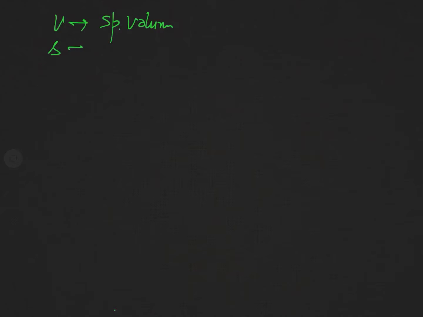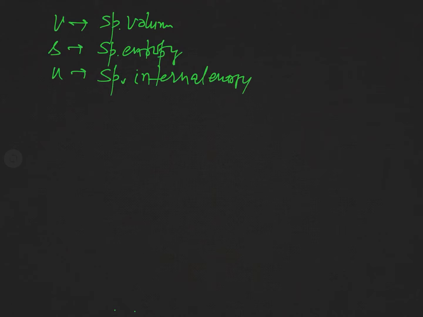A small s will represent the specific entropy of the system, a small u will represent the specific internal energy, and a small g will represent the specific Gibbs potential.